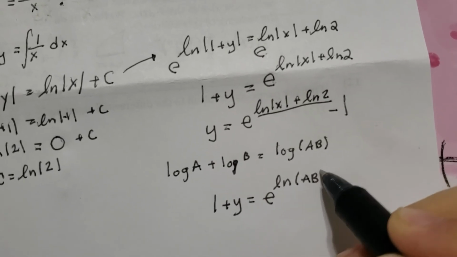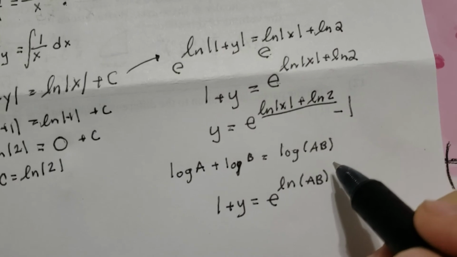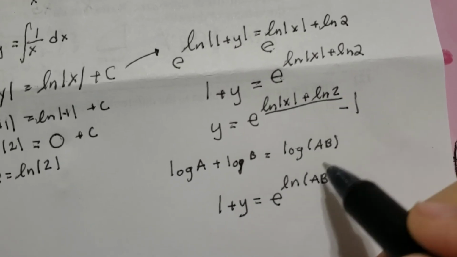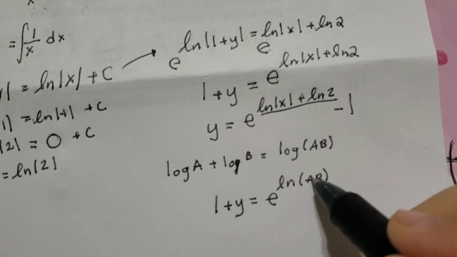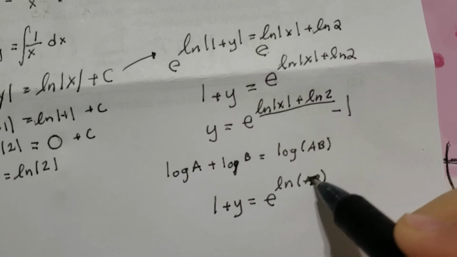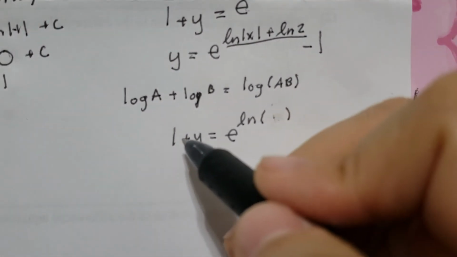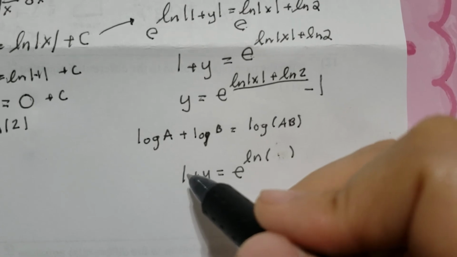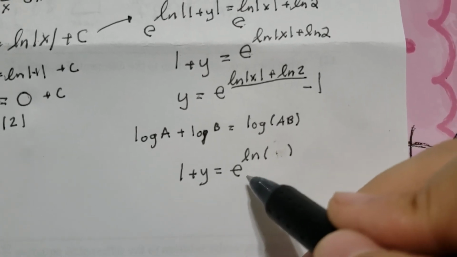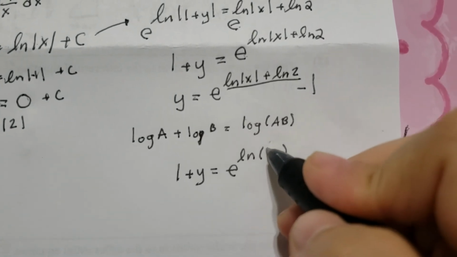Now this is cool because this gives us the value 1 plus y equals e to the natural log of 2x.